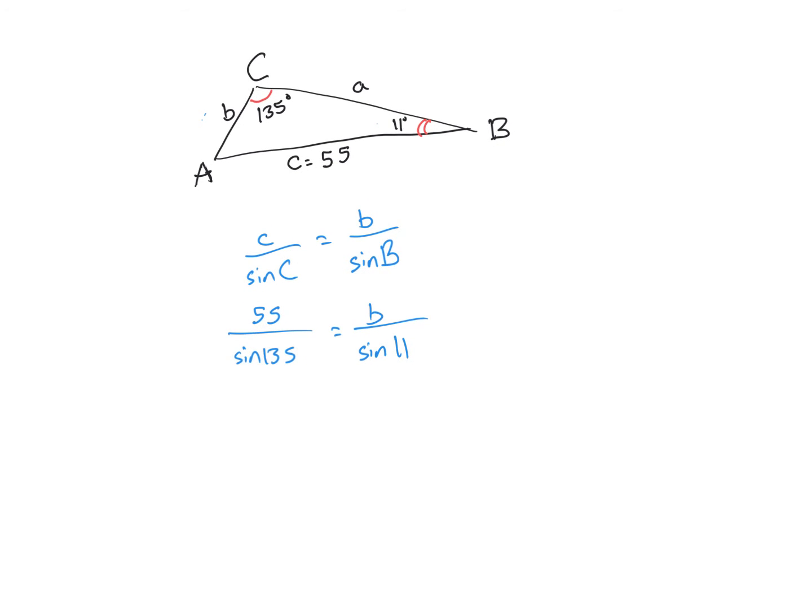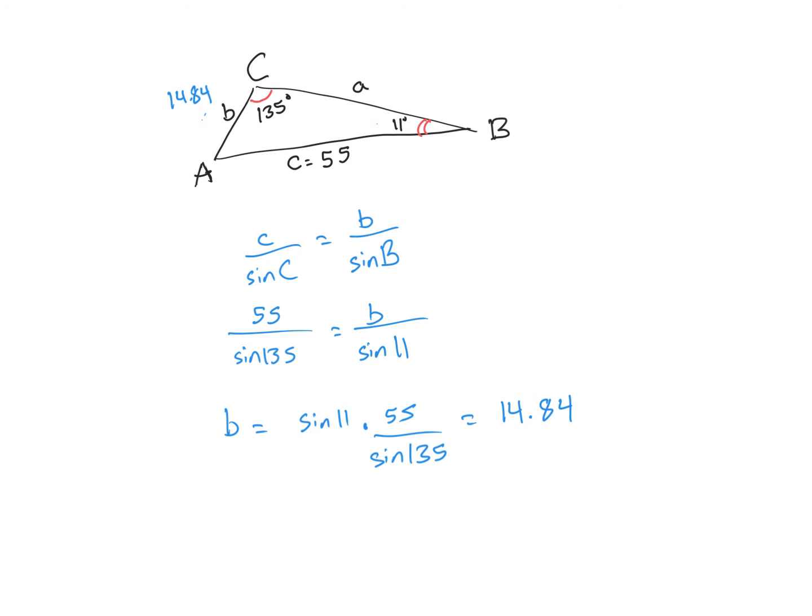Now, all I need to do is solve for B. Well, B then is equal to sine of 11 times 55, divided by sine of 135. Once I punch that into the calculator, I should get 14.84. I'm gonna leave it at 2 decimal places. So here, B is 14.84. Okay, I got B.